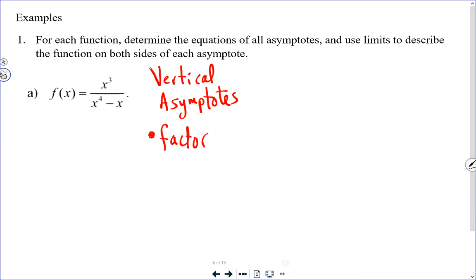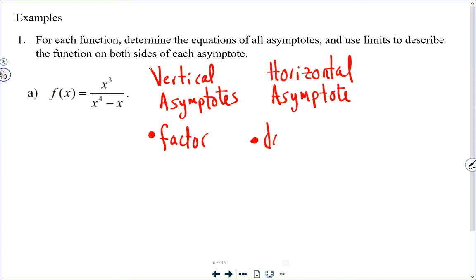You want to take that function and make sure everything is factored. When you're finding a horizontal asymptote, you don't factor.